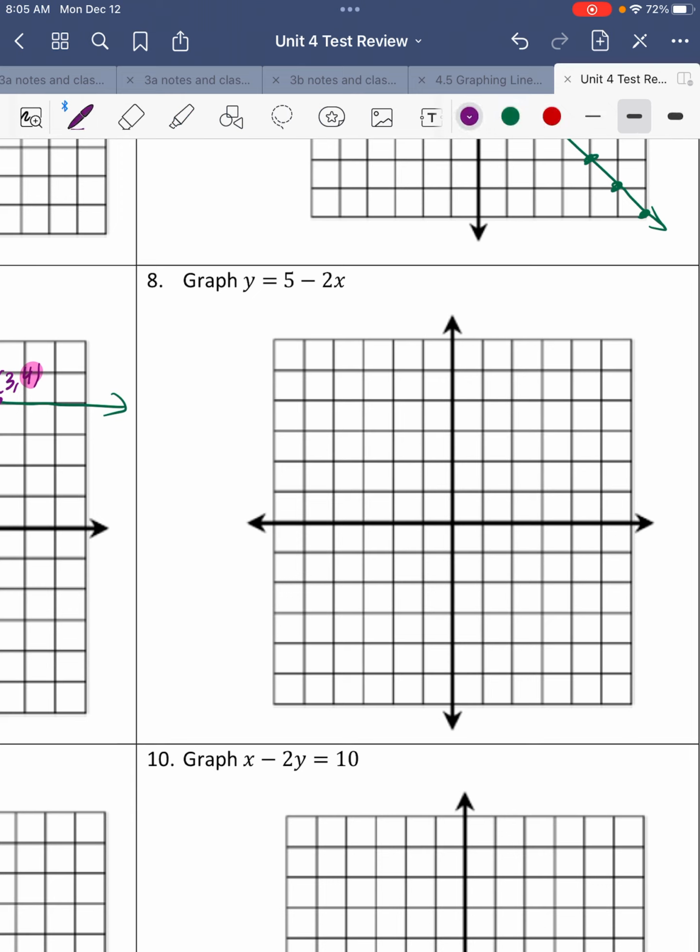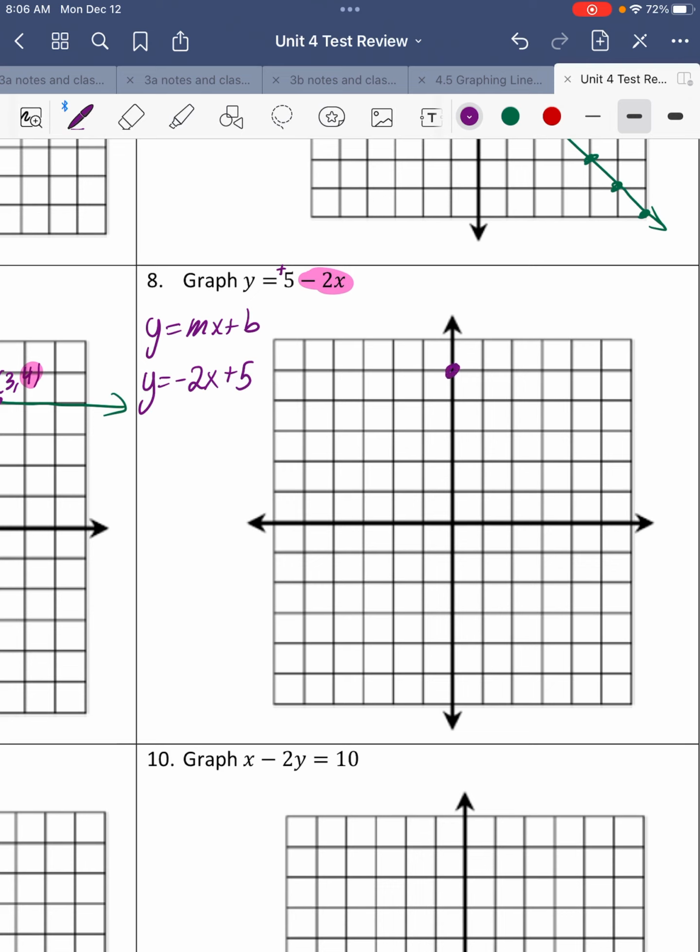All right, number 8. If you want the equation in y equals slope-intercept form, you've got to realize that the slope is always the coefficient in front of the x. So if you want to switch it around, you certainly can. -2x, and this is a positive 5. That's your y-intercept.